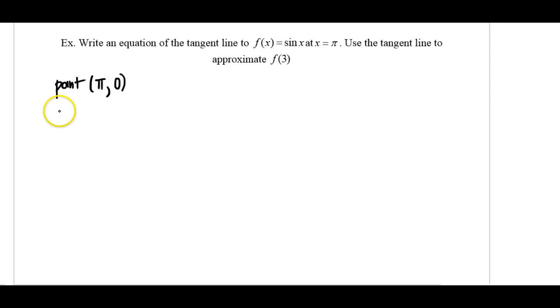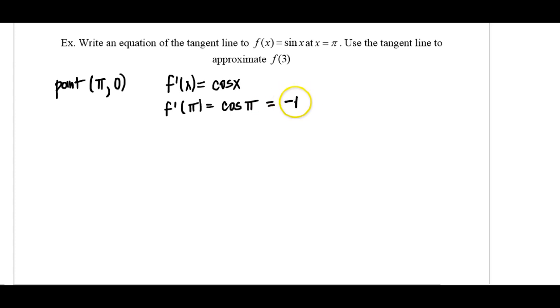And our slope is going to be found by finding the derivative of f of x. So I need f prime of x, which we know is cosine x. And I'm going to need to substitute pi into cosine x. So I'm going to need to find cosine of pi. So cosine of pi is going to be -1.